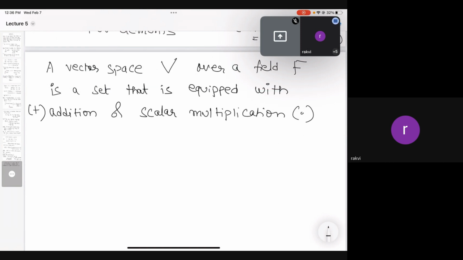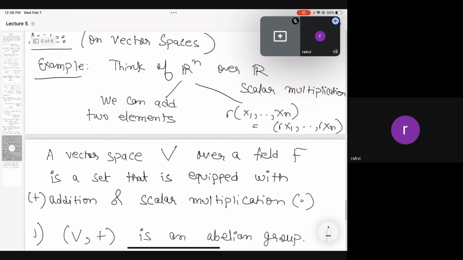Now, what are the properties of this addition? There are some nice things that must be satisfied. The first condition is that the vector space along with this addition should be an abelian group. Like we have for R^n, we can add any two vectors, and that operation gives me closure, because when you add two vectors, you get another vector.